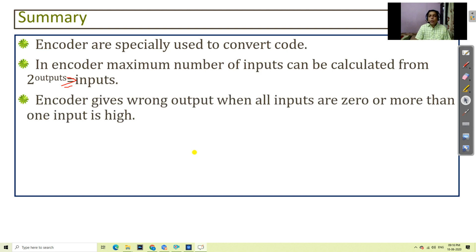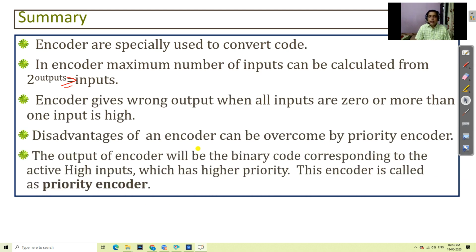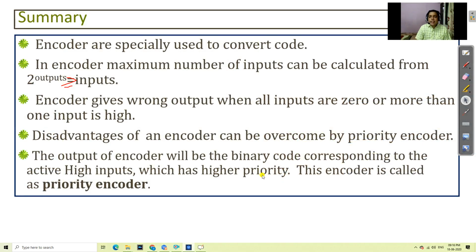An encoder gives the wrong output when all inputs are 0 or more than one input is high. This disadvantage of the encoder can be overcome by a priority encoder. The output of the encoder will be the binary code corresponding to the high input. Okay, this is very important. Corresponding to the highest priority high input, this encoder is called the priority encoder.